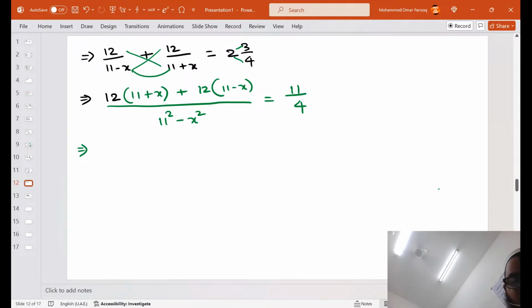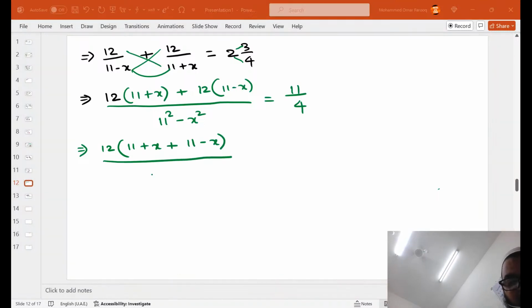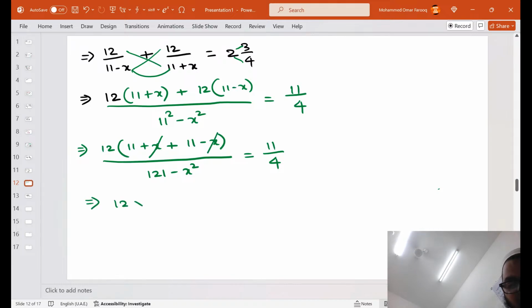So if I take 12 common, 11 plus x plus 11 minus x divided by 11 square is 121 minus x square is equal to 11 by 4. Plus x minus x cancel. So it is 12 into 11 plus 11 is 22 divided by 121 minus x square is equal to 11 by 4.